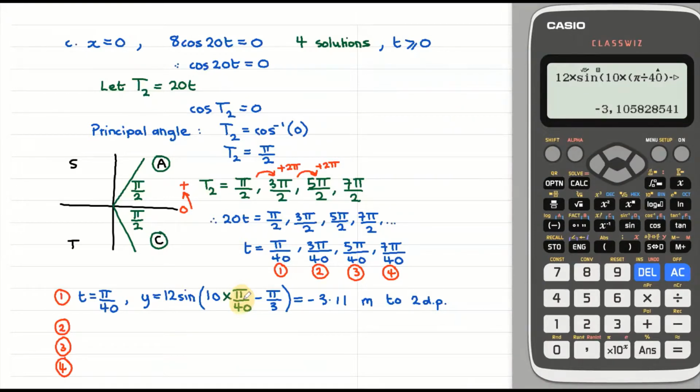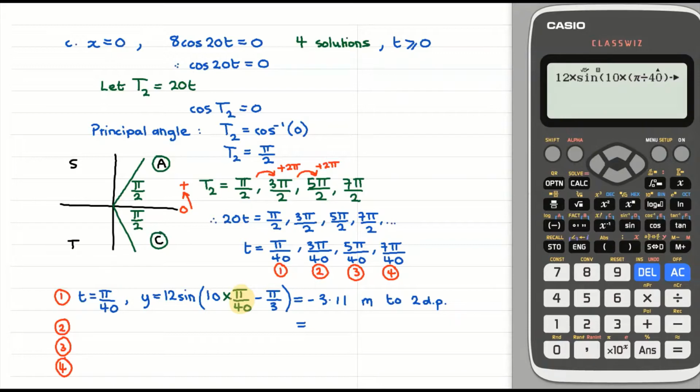In the next case, we're going to be looking at 3 pi over 40, then 5 pi over 40, and then 7 pi over 40. So just to save a bit of time in the video, but you can write it out if you want, I'm just going to write out the solutions, and all we have to do is just edit this calculation ever so slightly.